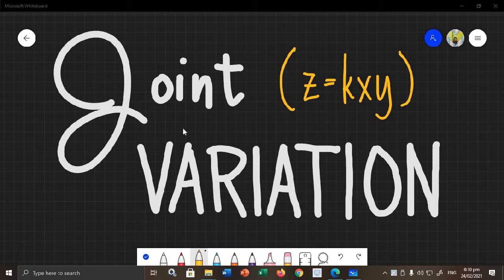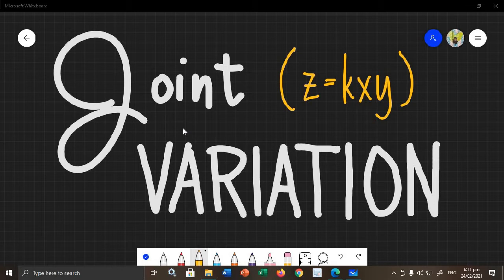So, the only difference between direct and joint variation is that, medyo same kasi sila, no? Sa direct variation kasi, we are talking about two variables lang, which is x and y. Okay? Sa joint variation, there is an additional variable, which is z. So we are talking about mostly three variables, which is x, y, and z.